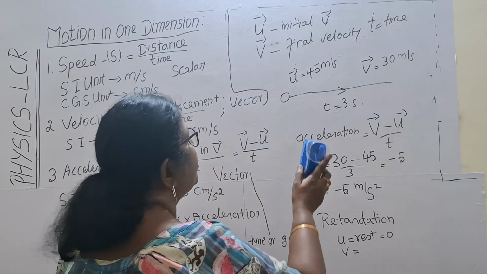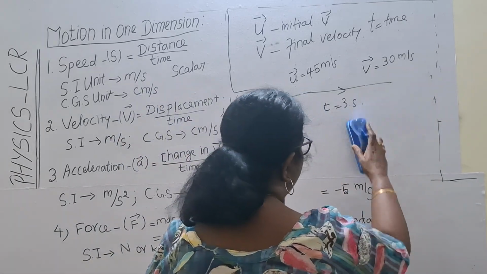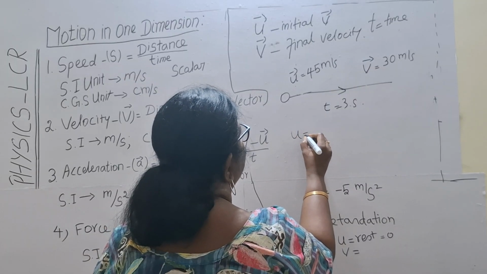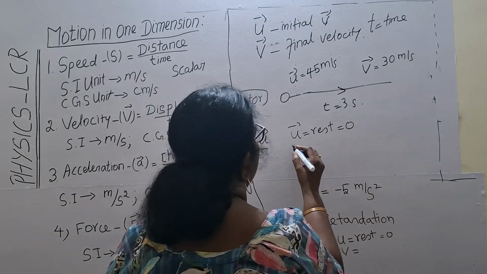So you people know about this. What is acceleration? Acceleration is a positive value. Body starts from rest, U is 0.